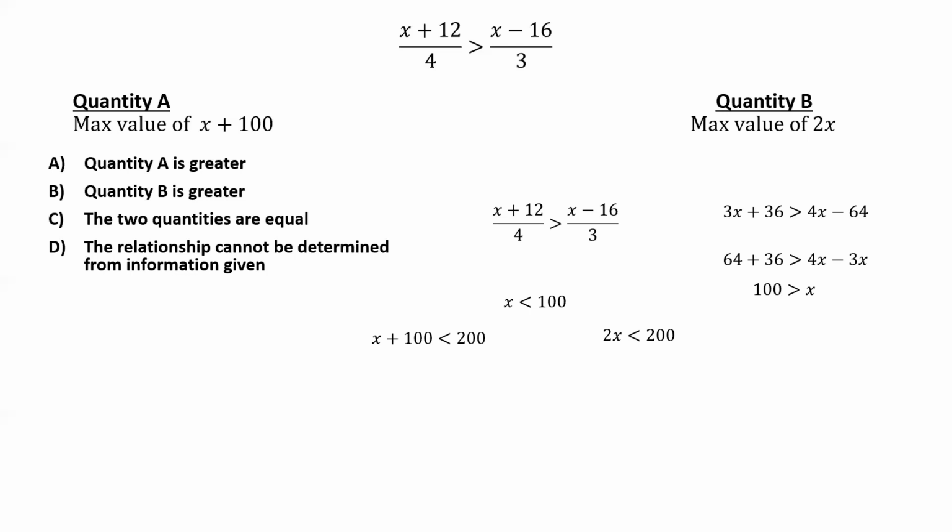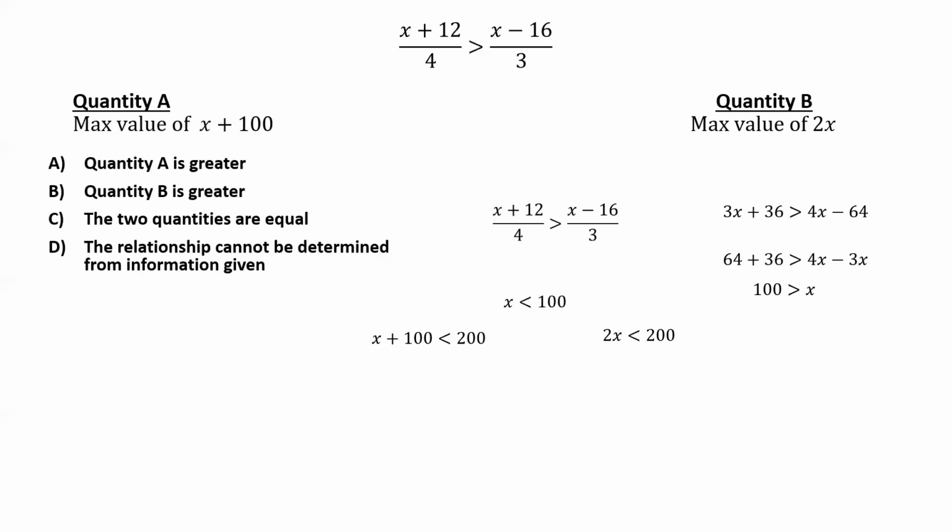So this is where we need to pay a little bit of attention, because what we have as an inequality in this case is less than, and it's not less than or equal to, because the result would be different if it were a less than or equal to.